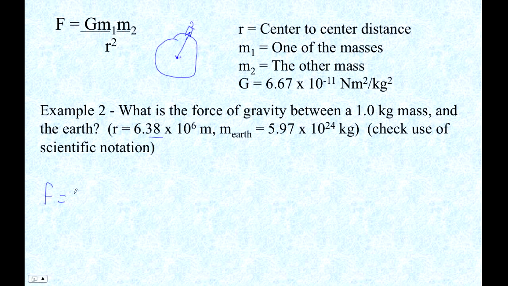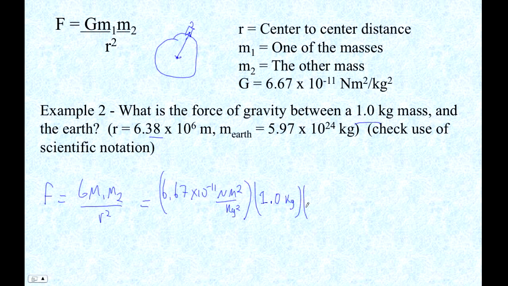Okay, so I'm going to do the same thing. Force is G m1 m2 over r squared. That's 6.67 times 10 to the minus 11th Newton meters squared per kilogram squared, times our first mass, we'll say it's that mass. It doesn't matter. Multiplication is commutative.